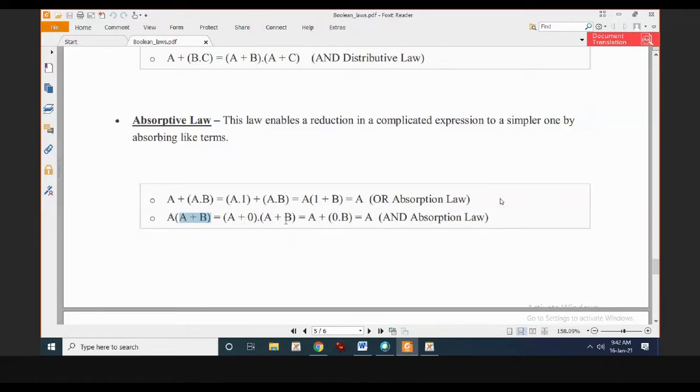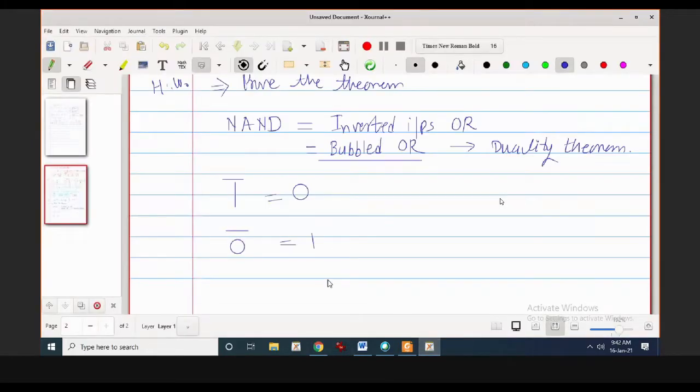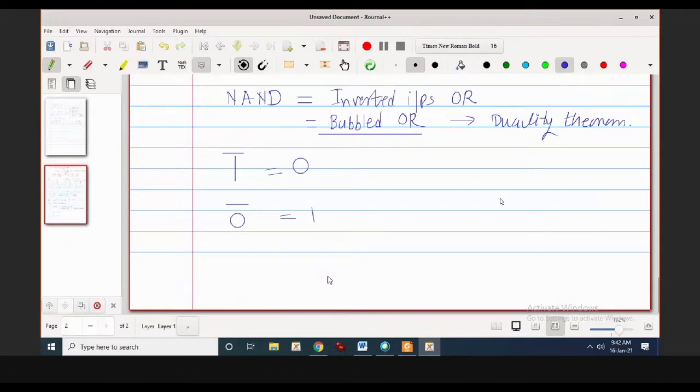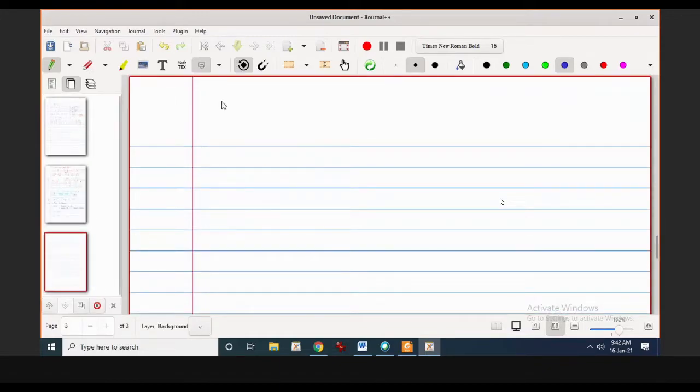So solve this, it is very easy. You can take out A common, and directly also you can do it over here. So A into A is A plus A into B. Or I'll solve this particular thing for you: A into A plus B. I can use simple maths also here.